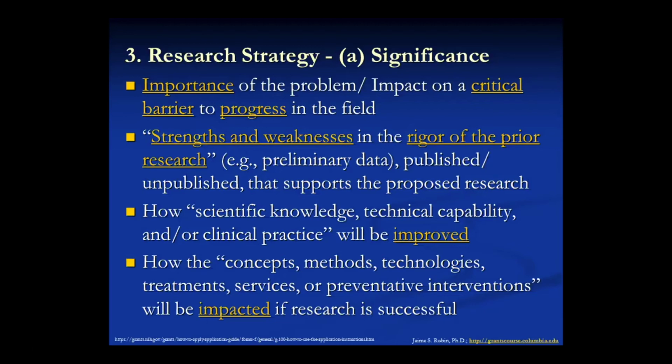Mention the strengths and weaknesses of the rigor of the prior research. If there are weaknesses in the prior research, explain how you're going to mitigate them, or how your preliminary data is helping to mitigate that, right? Because the prior research is the foundation for what you're proposing. So you don't want a shaky foundation, if you will.